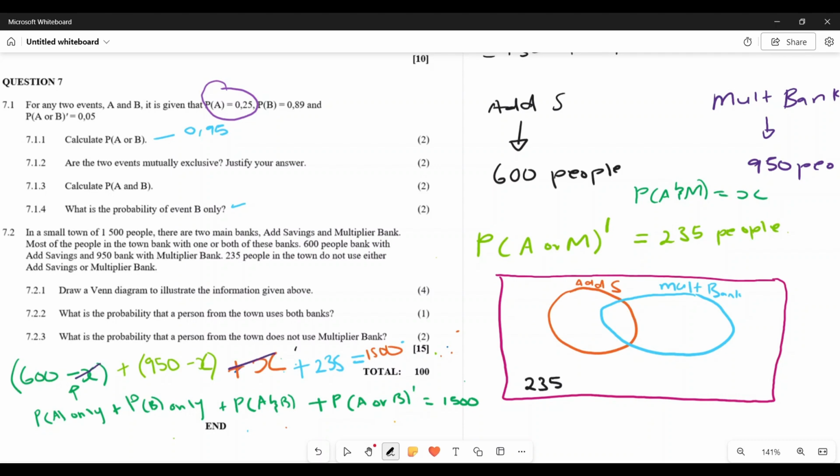As a result, I would be left with 600 plus, grouping like terms, 950 plus 235. And here I have my minus x remaining, which I'm going to put here. And on the other side, I still have 1,500 people.